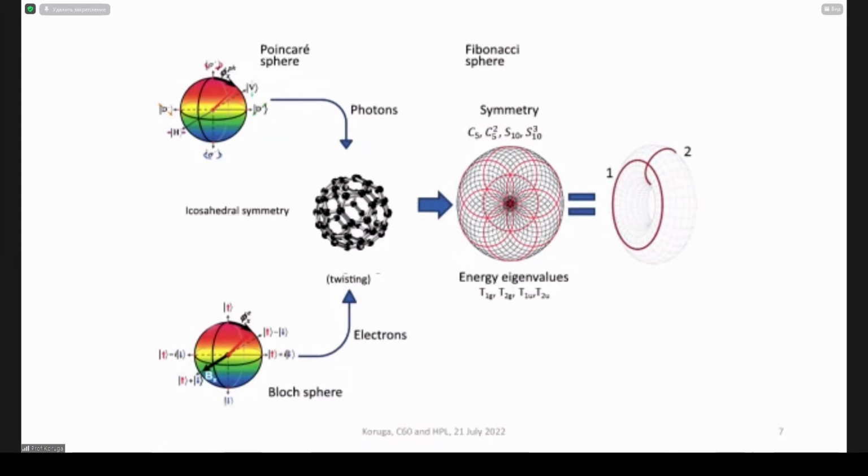And when light, diffuse light, and electrons interact with this molecule, which we call C60, it generates a new sphere, which we call the Fibonacci sphere. The energy state of that sphere is 85% compatible with biomolecule properties.